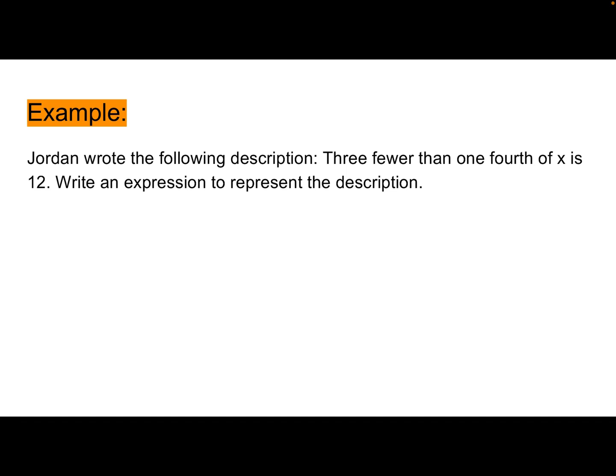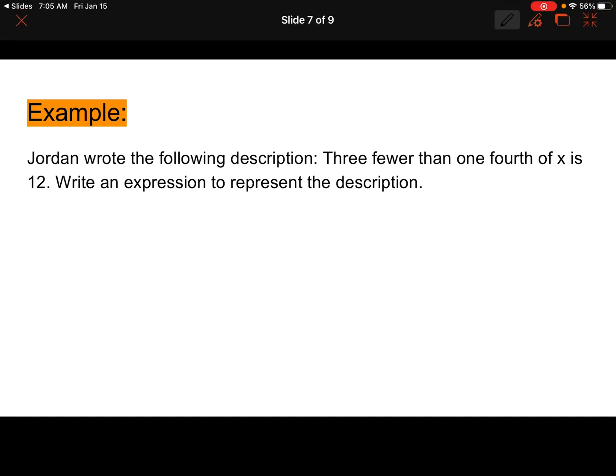All right, Jordan wrote the following description: 3 fewer than 1/4 of x is equal to 12. We want to write an expression to represent the situation. So we have 1/4 of x. I'm just going to write that first. And then what are we doing to that? Well, 3 fewer is the same as subtracting 3 from it, right?